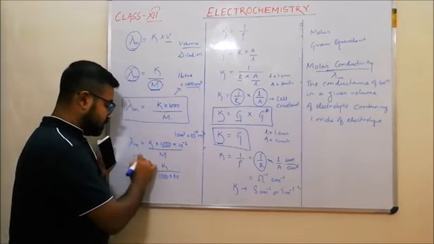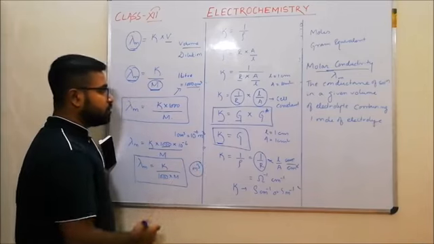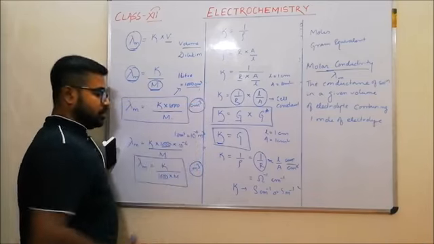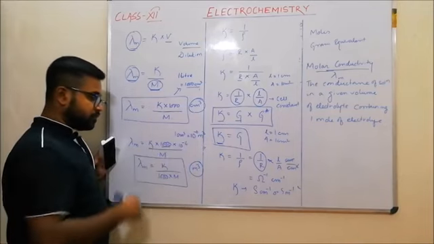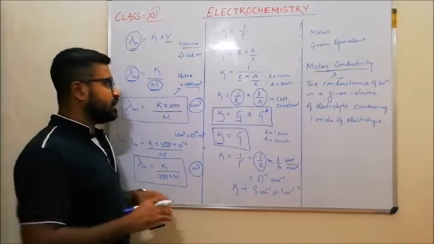So this is in terms of meter cube, and this is in terms of centimeter cube. This is the formula in terms of meter cube, and this is in terms of centimeter cube. Clear?